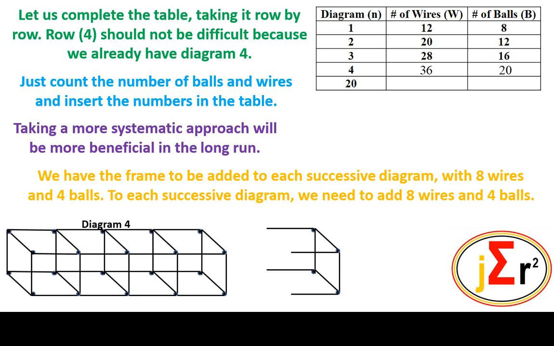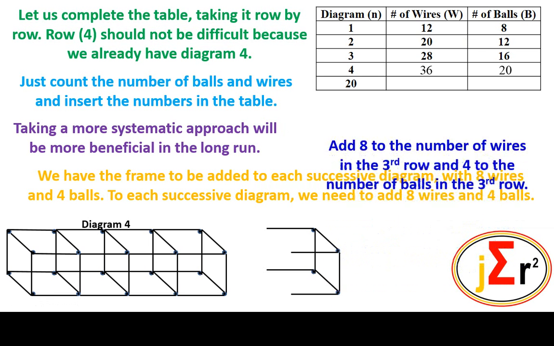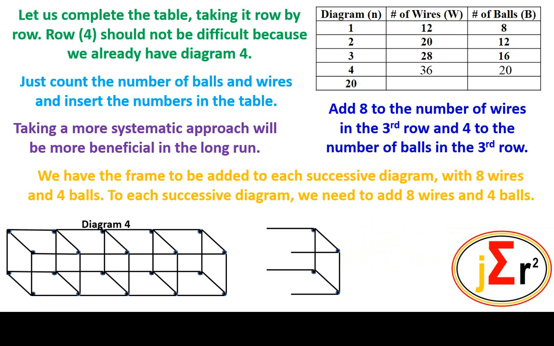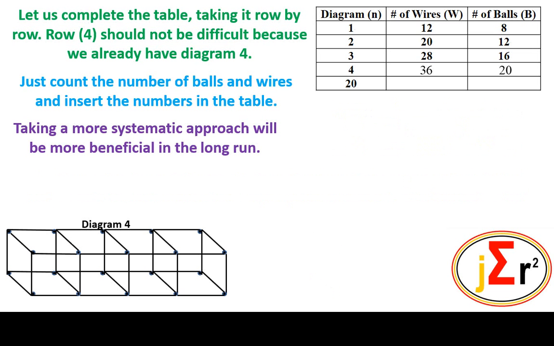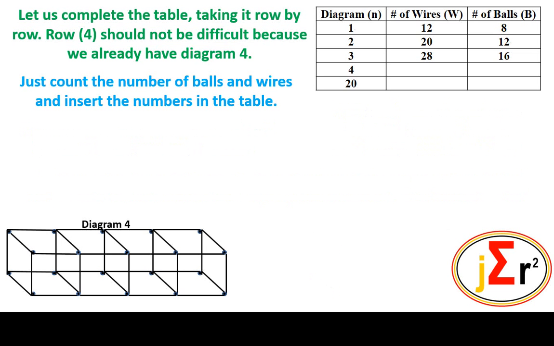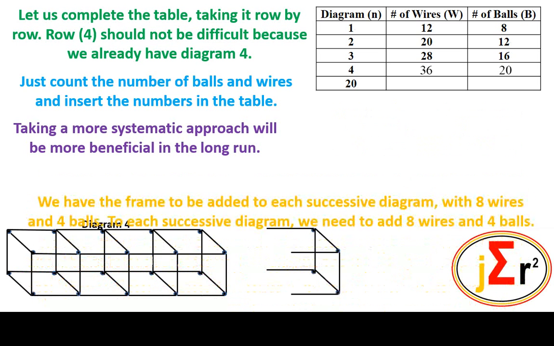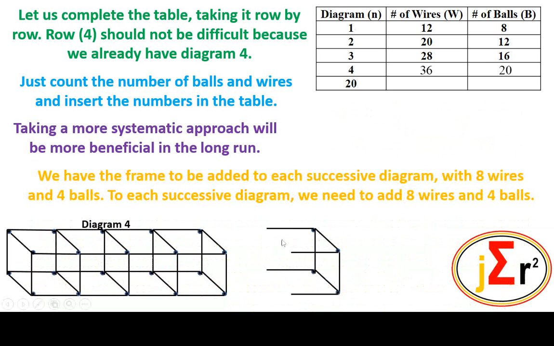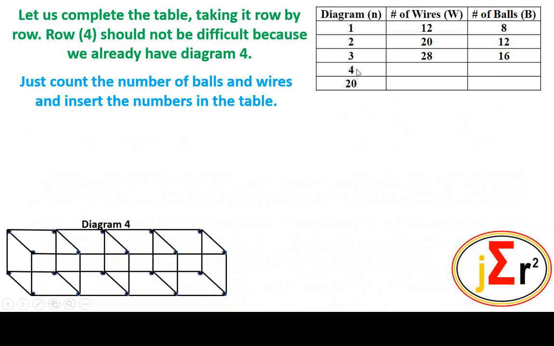So that is very easy to see, if we know that each successive diagram will go up by 8 wires and 4 balls. Add 8 to the number of wires in the third row and 4 to the number of balls in the third row. Instead of counting them, we could take note of the fact that we have right here row 3.